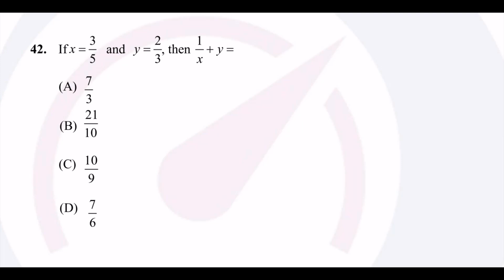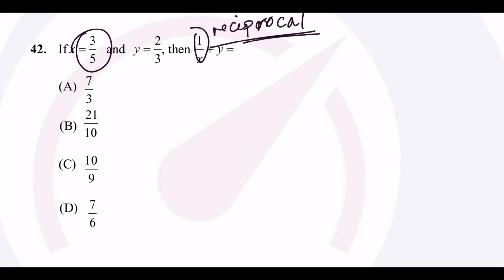Question 42. If x is equal to 3 over 5 and y is 2 over 3, then 1 over x plus y is equal to. So when we say 1 over x, you look at the reciprocal. Alright, we cannot spell reciprocal, but moving on.